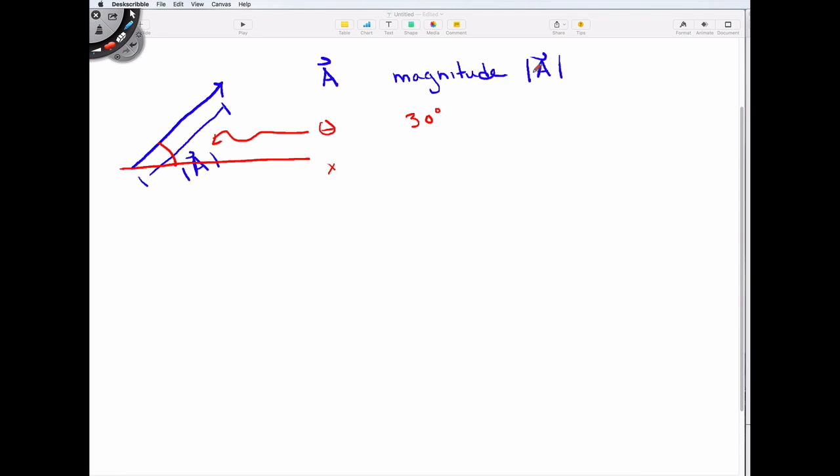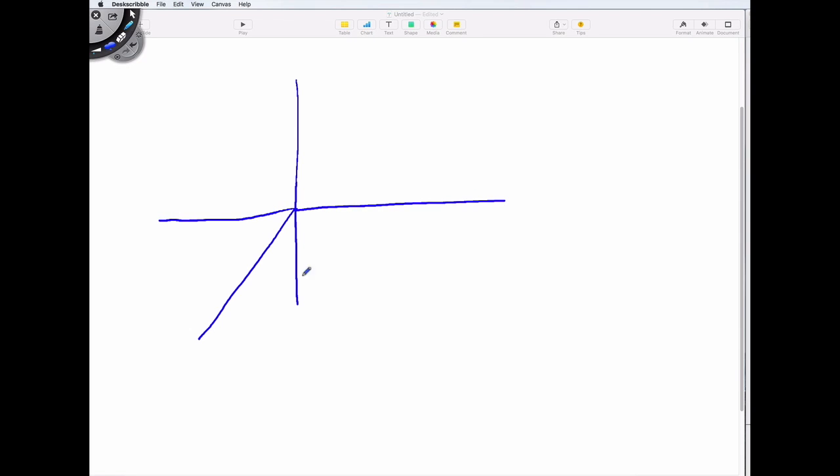The other way that we can represent a vector is by the components in some coordinate system. Typically in our VPython, we have a coordinate system that looks like this. This is 3 dimensions, and this is the center of the screen. The up and down is the y dimension, the back and forth is the x dimension, and the front and back is the z dimension for the VPython coordinate system.